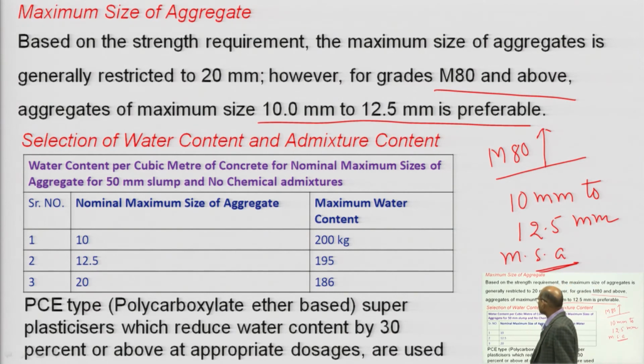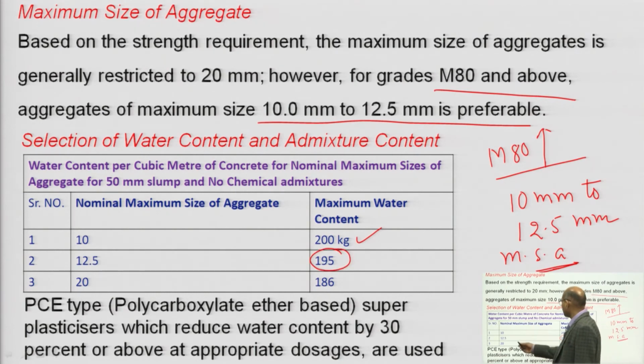Next is selection of water content and admixture content. If you are using 10 mm size, then the water requirement is 200 kg, without considering the chemical admixtures, and this is for a slump value of 50 mm. If you are using 12.5 mm, then 195 kg.